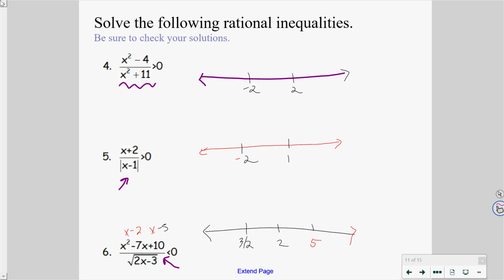Right, so somebody go up to the sign graph, somebody else put the final answer. So 2 people per problem, please.